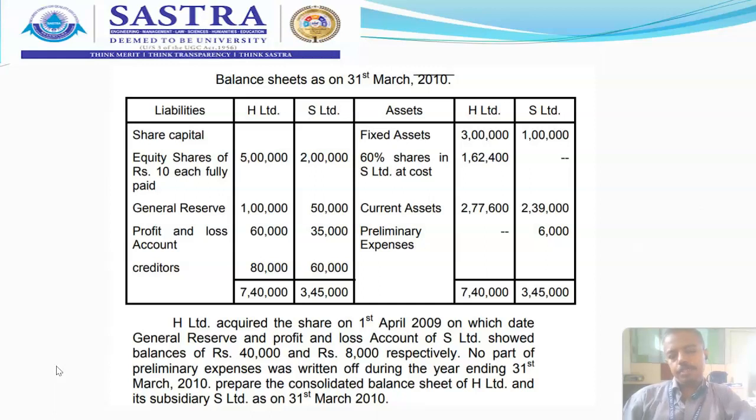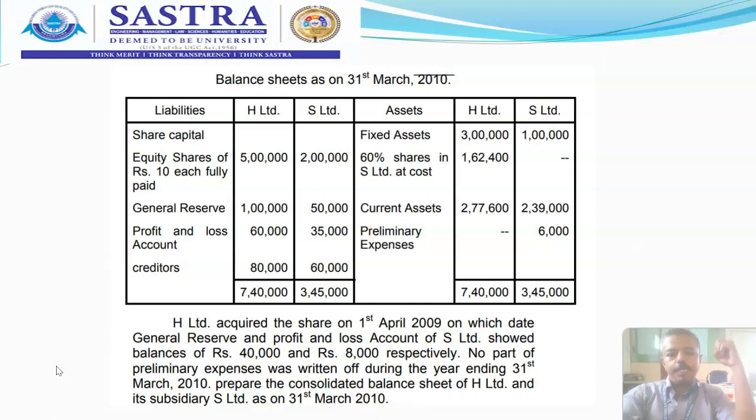Now balance sheets of two companies have been provided. One is H Limited and the other one is S Limited. The balance sheet is prepared as on 31st March 2010. H Limited acquired the shares on 1st April 2009, on which date the general reserve and profit and loss account of S Limited showed balances of rupees 40,000 and rupees 8,000 respectively.